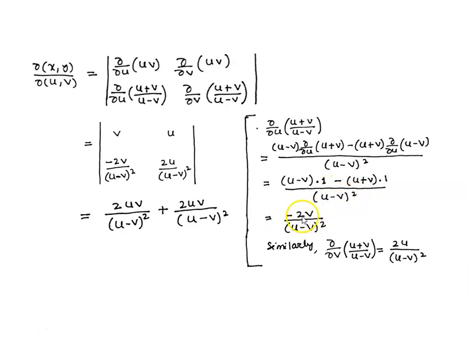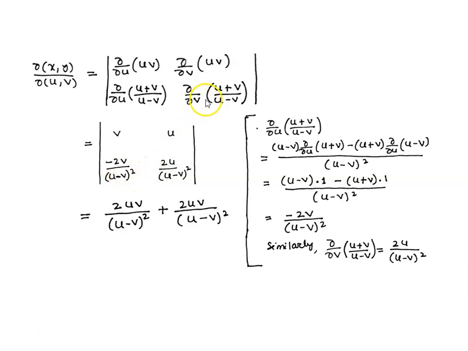That is equal to minus 2v divided by u minus v whole square. So now we have with us del by del u of u plus v divided by u minus v as minus 2v divided by u minus v whole square. So here we have this minus 2v divided by u minus v whole square.